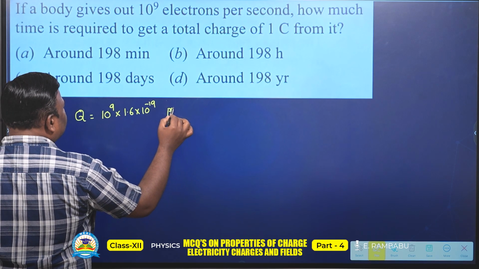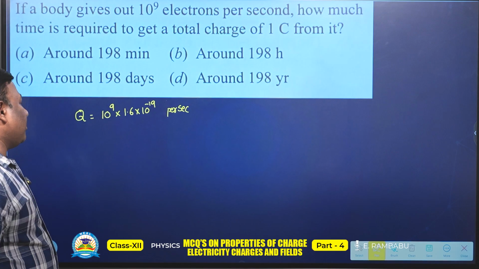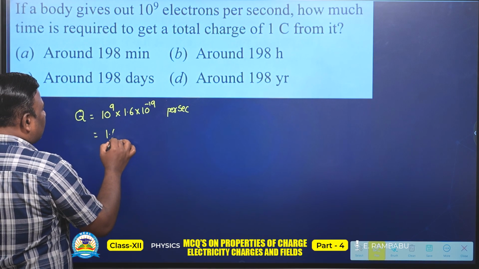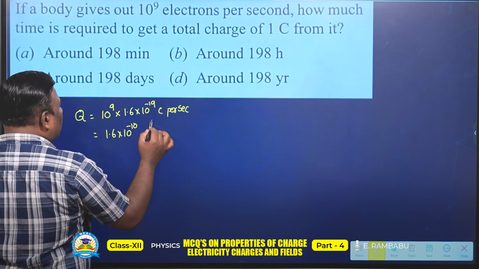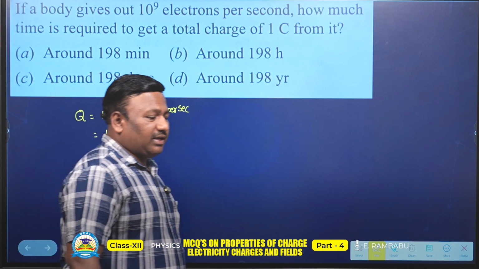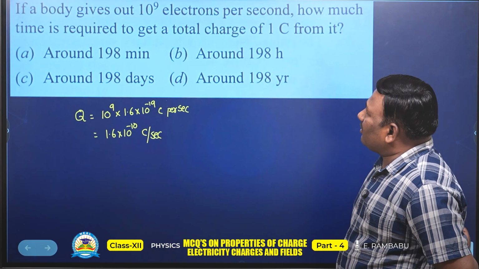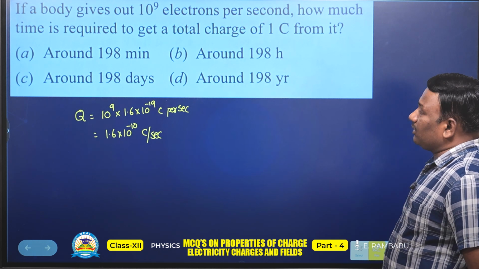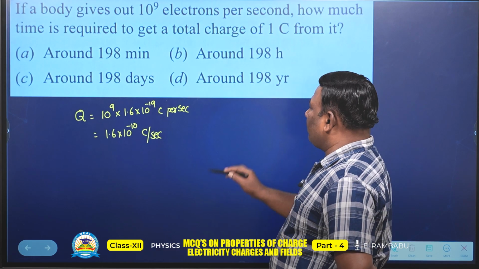So the charge per second gained by that body is 1.6 into 10 to the power minus 10 coulomb per second, in each and every second. Now the question is, what is the time required to get a total charge of 1 coulomb?